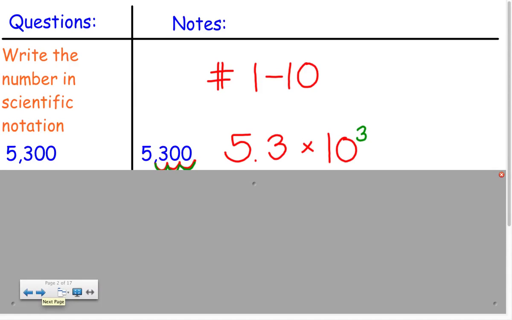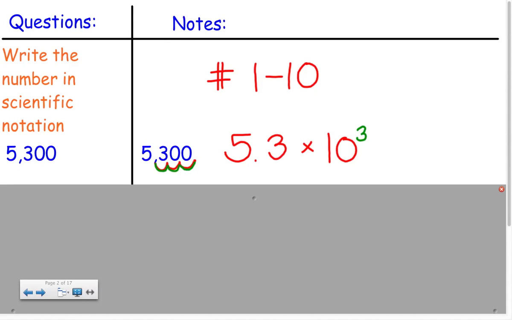The way you know is, I always say if it's a big number, so 1 or higher, then it's a big number, meaning a positive exponent. If the number is smaller than 1, then you have a negative exponent. So 5,300, my original number, is a big number, so my exponent is positive.